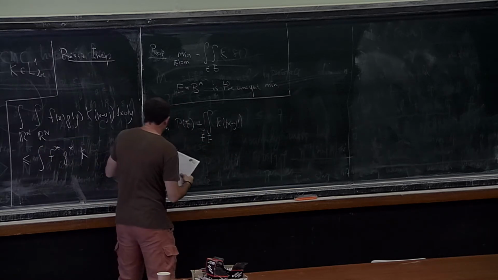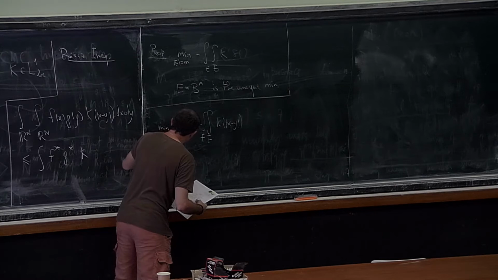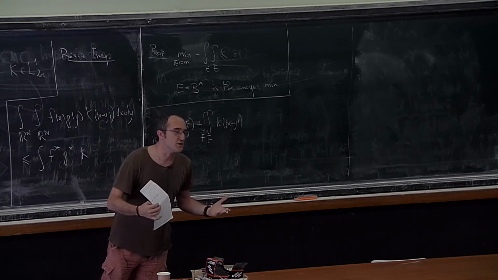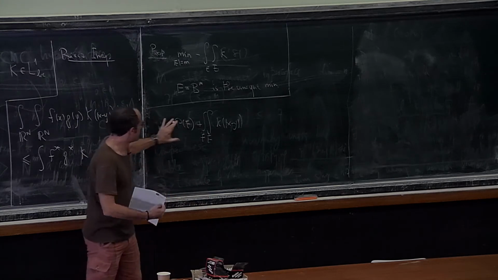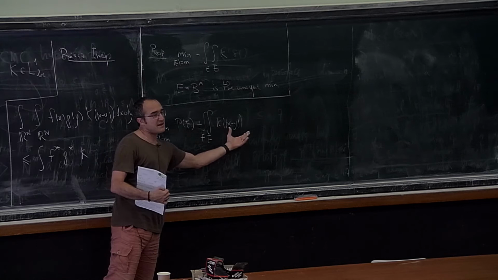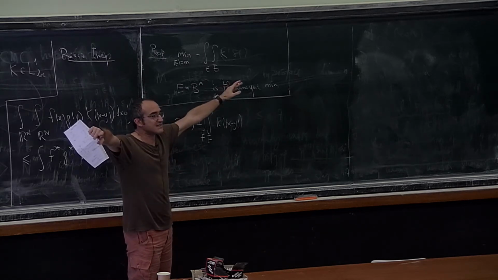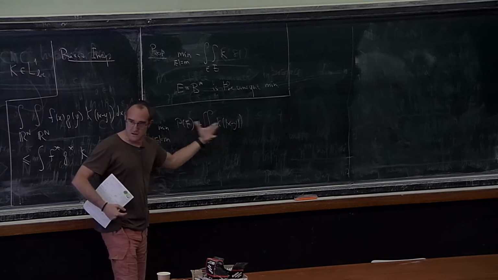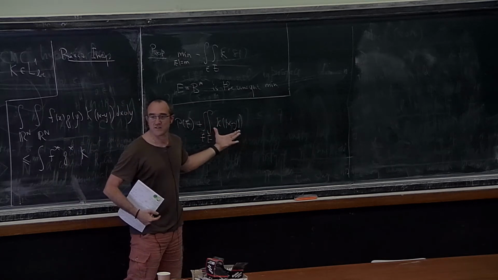That's important because it comes out of some models. Another way is to change the potential and make it attractive at large distances: repulsive at short range, attractive at large. Those are two ways to have a non-trivial minimizer.